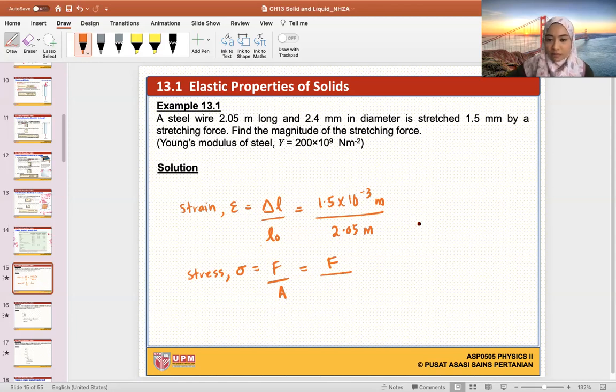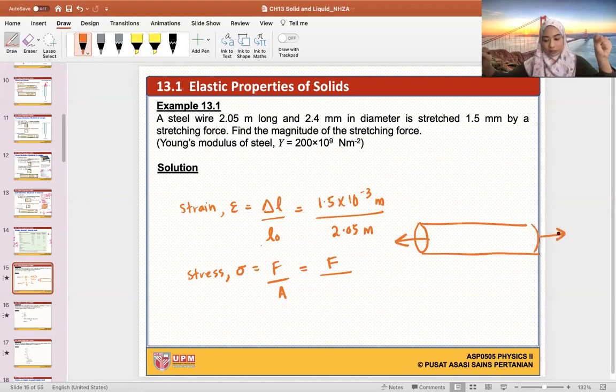Okay, sekejap. Saya lukis. So kita punya, we have a steel wire. A steel wire looks like this, up close. So bila saya stretch macam ni kan? Okay, this is me stretching the wire. So this is the F that I'm applying. What is my A? What is the area of this guy?